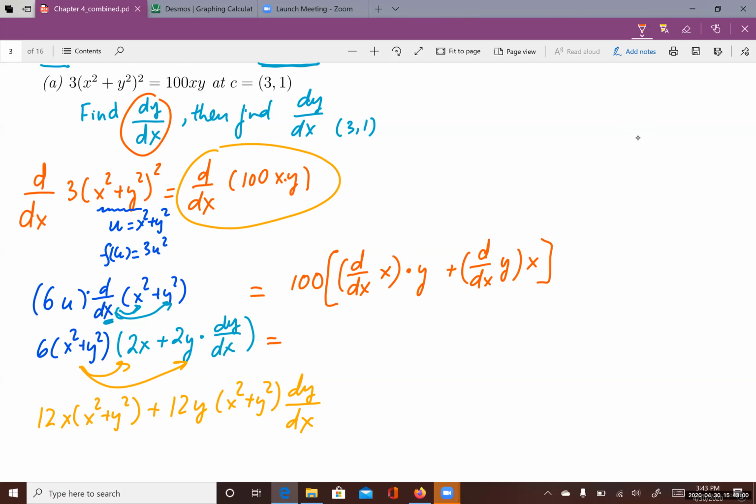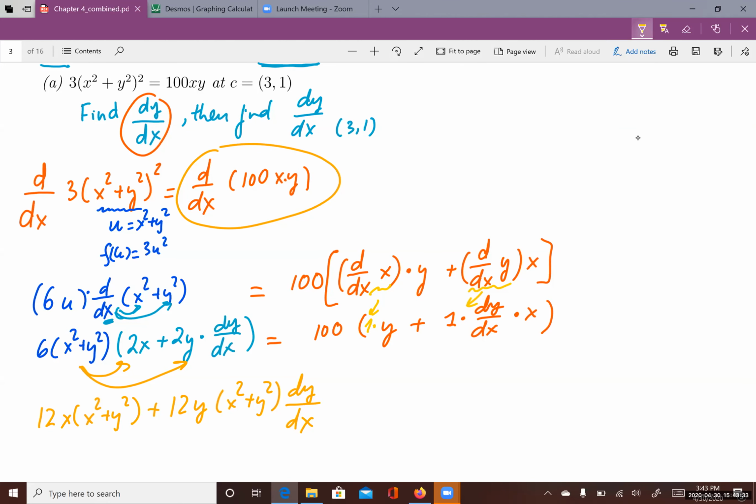So the derivative of x is just 1, and you have 100 times 1 times y. Then d/dx of y is 1 times dy over dx, times x. Here, this is actually 1 times y, but I just skip it.